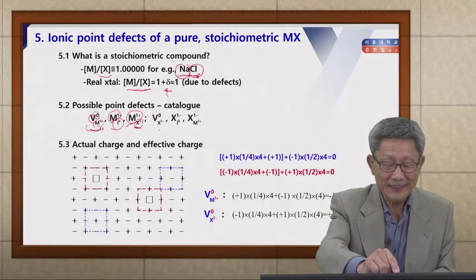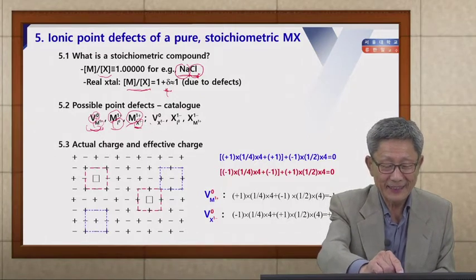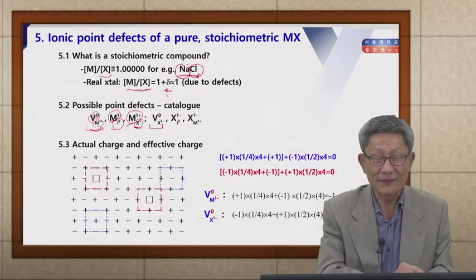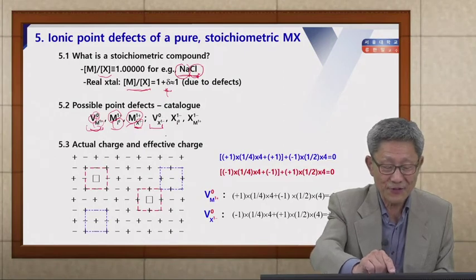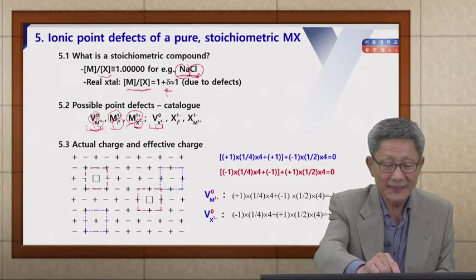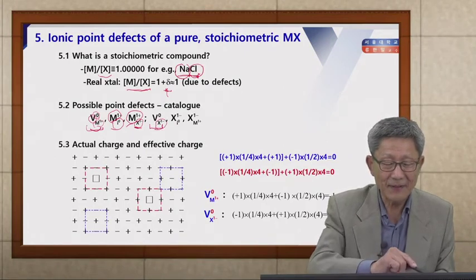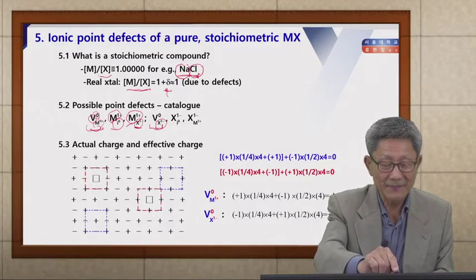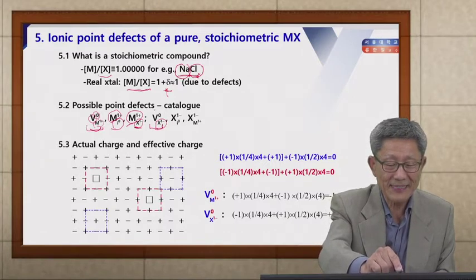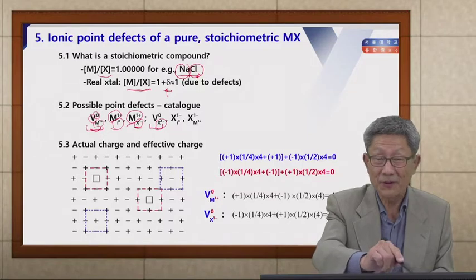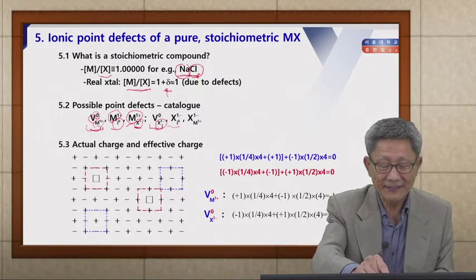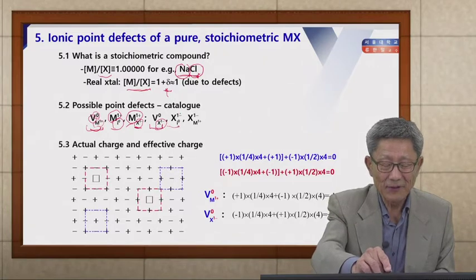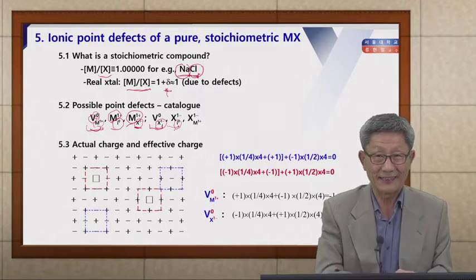Now what about the anion sublattice? Okay, vacancy on the anion site. Now pay attention to the actual charge notation. Here, site has the charge of -1, and vacancy has 0 charge because vacancy is nothing. And then interstitial anion, okay? Monovalent anion is sitting on the neutral interstitial site.